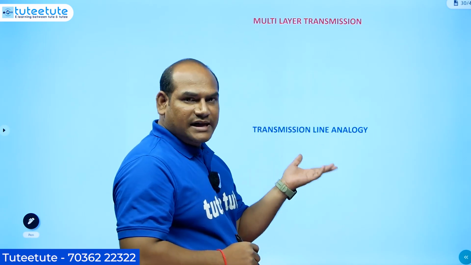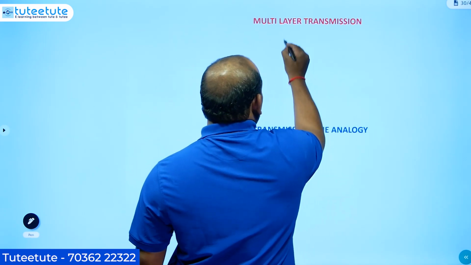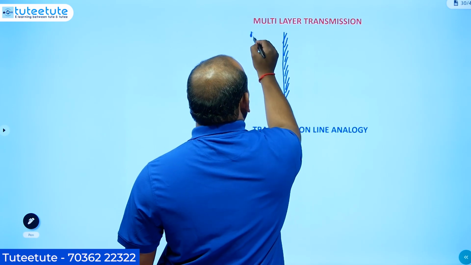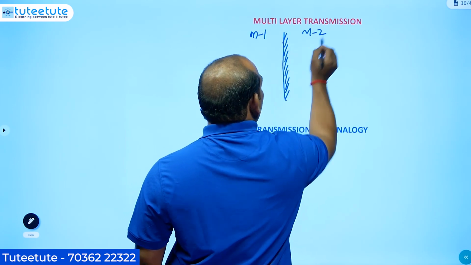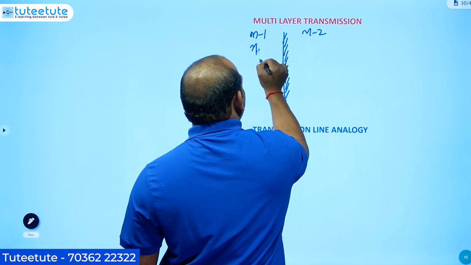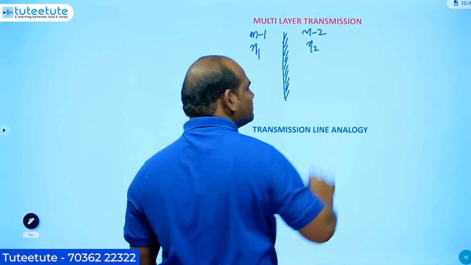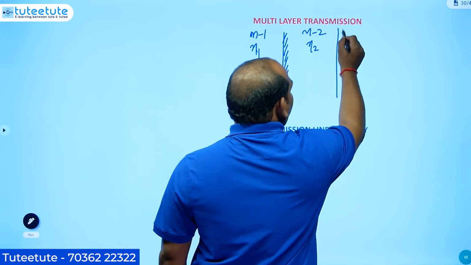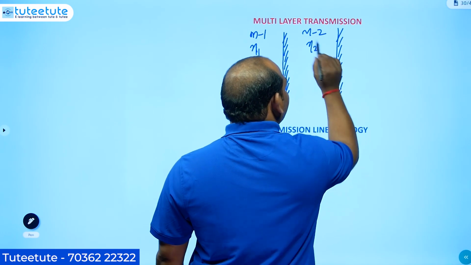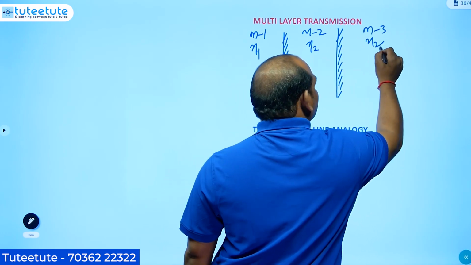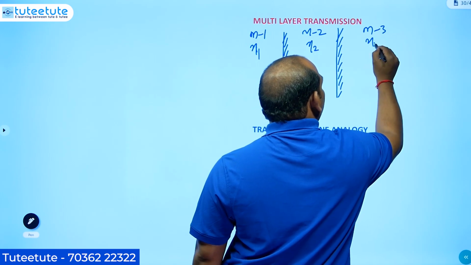So in case of multi-layer transmission, this is the first boundary separating the two media, medium 1 and medium 2, with impedances eta 1 and eta 2. And here I am taking another boundary which is separating medium 2 and medium 3. The medium 3 impedance is given by eta 3.